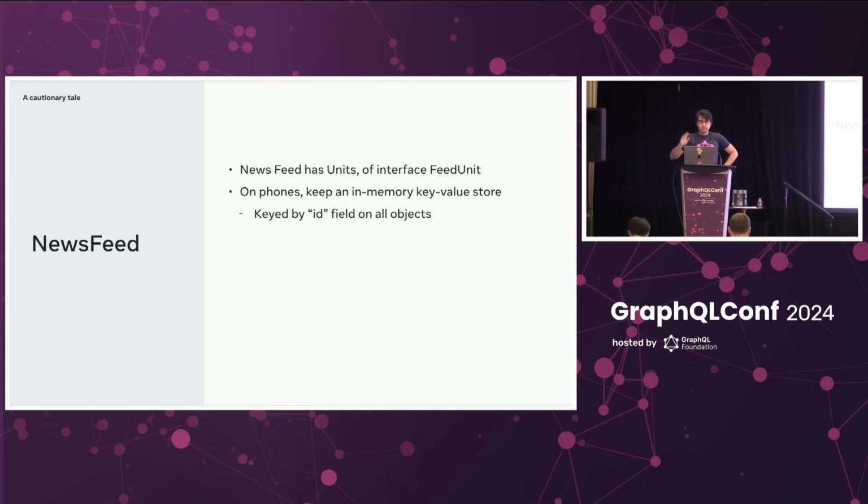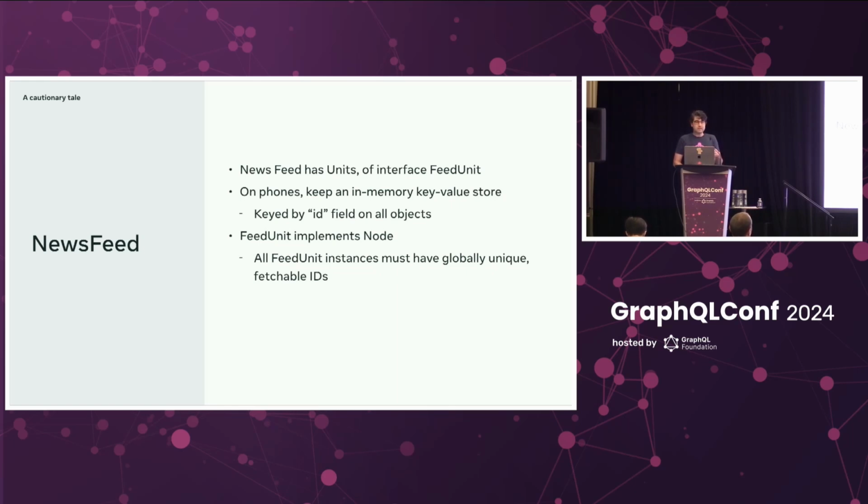But because they implement the node interface, that ID needs to both be an identifier and a way to fetch them back from the server. They need to have this globally unique fetchable ID.